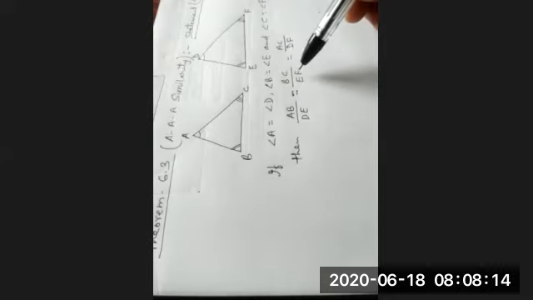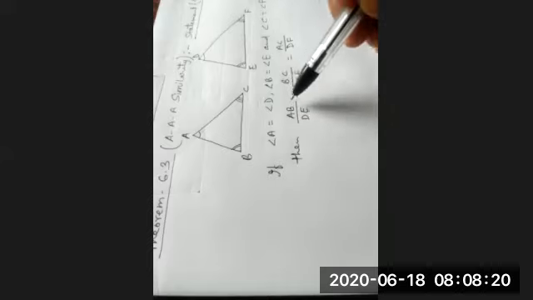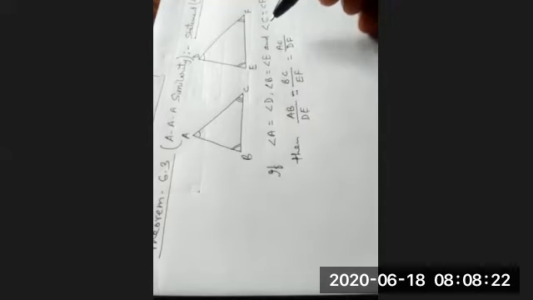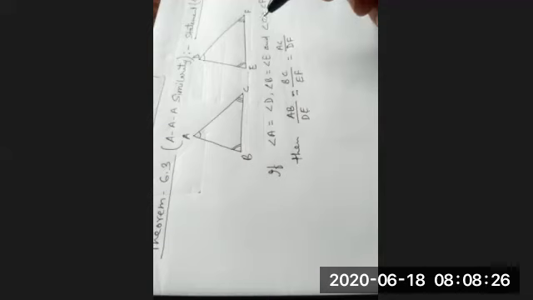Means the corresponding side of AC is DF, the corresponding side of BC is EF, and the corresponding side of AB is DE. So all these ratios of the sides will be equal. This is theorem number 6.3.